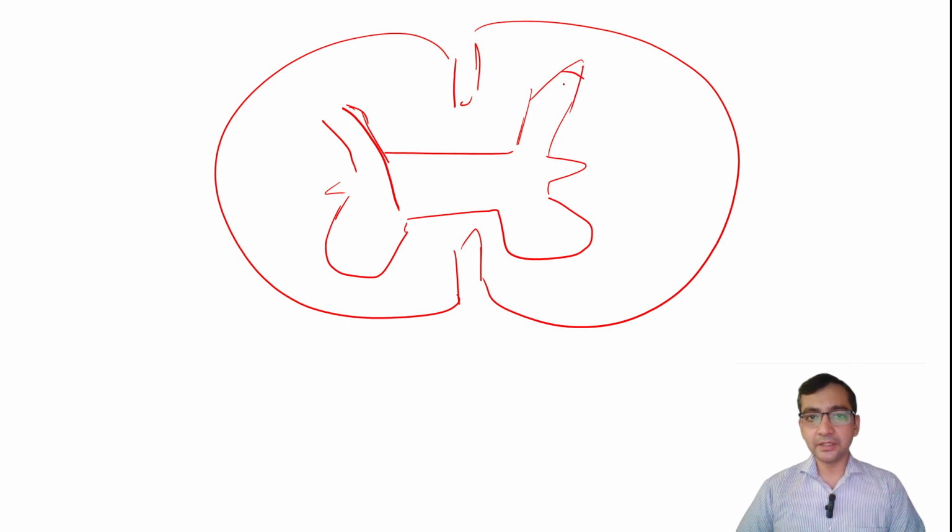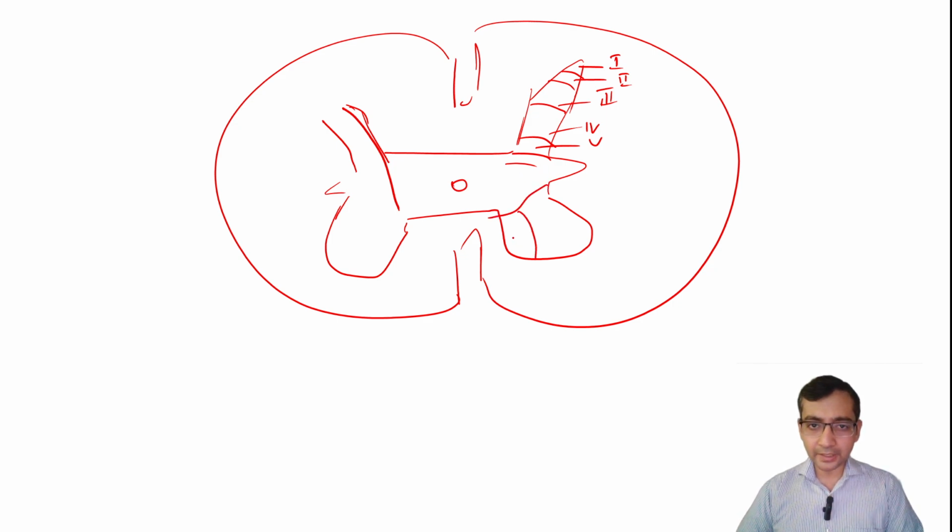We will see that these are divided into multiple layers. These are called Rexed laminae, 1, 2, 3, 4, 5, and 6. Then there is 7, and 8 right here, 9 somewhere here, distributed like this, with 7 in between them.